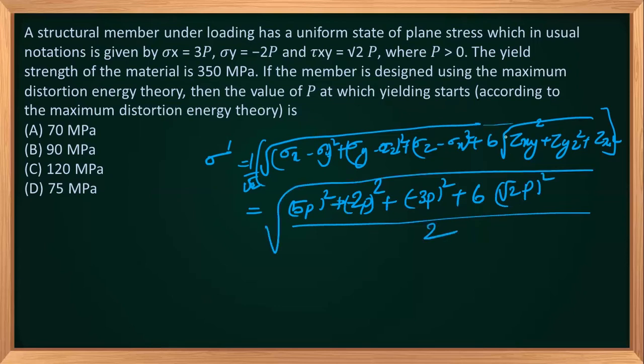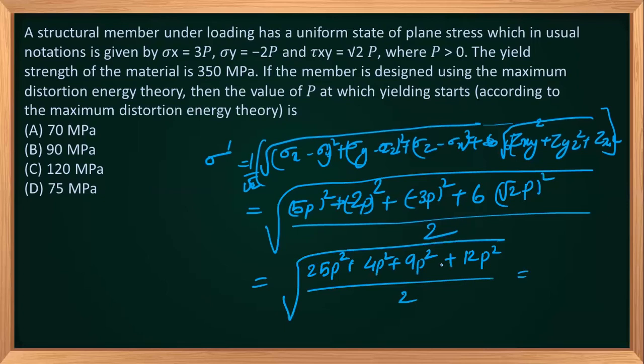The bracket will come in. So this will be how much? This will be 5p square, 25p square, plus 4p square, plus 9p square, plus this will be 12p square, divided by 2 under root.